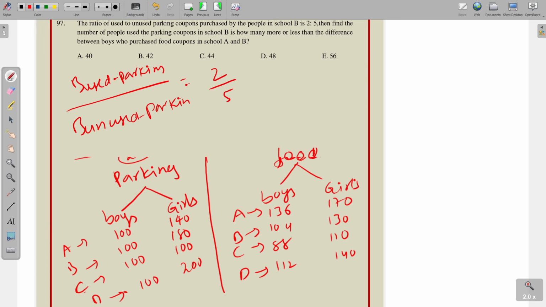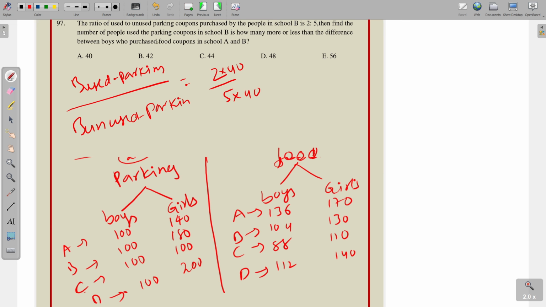B parking means total 280 divided in 7 parts. In that 2 parts are used, 5 parts are unused, means it is into 40, into 40. So total used parking coupons are 80, unused coupons are 200 in the school of B.